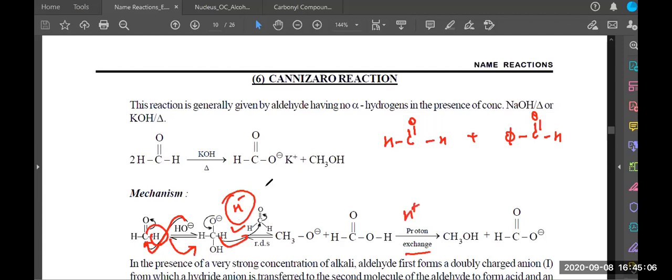Now, I know that the whole step is your nucleophilic addition. Got it, everyone?